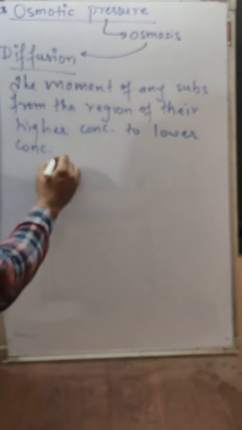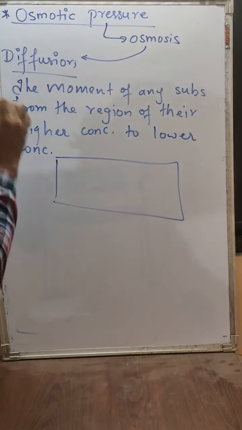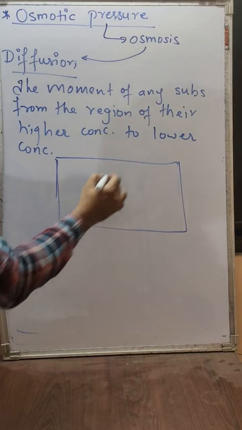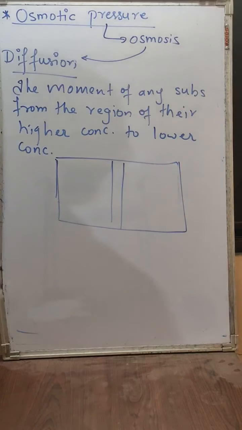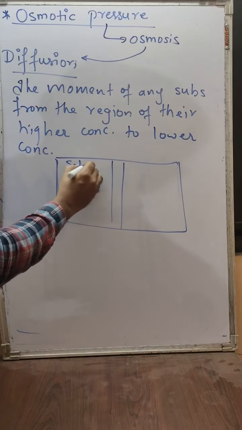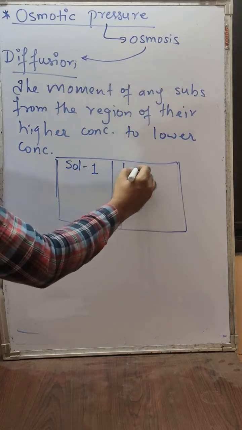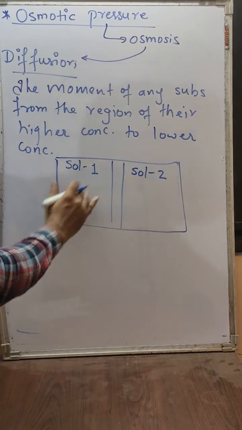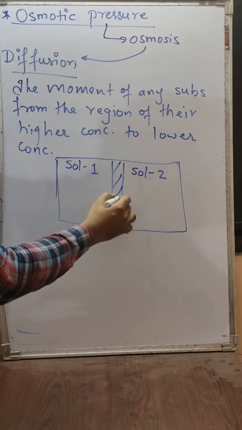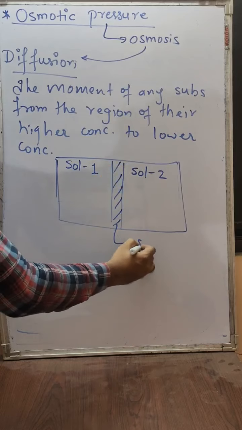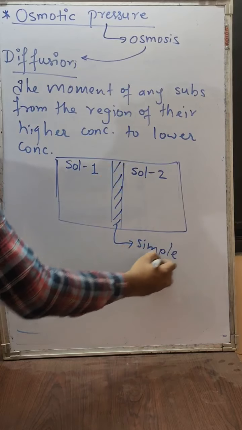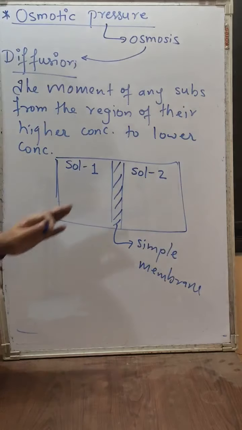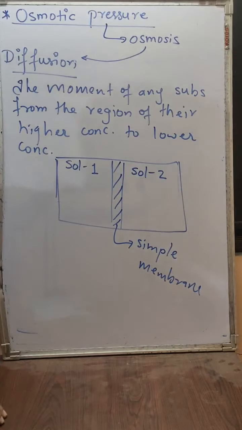So in order to know what is meant by diffusion, suppose I have taken here two compartments, one having a solution 1 and second having a solution 2, and these two solutions are separated by a membrane. I have taken here a simple membrane which has big holes.